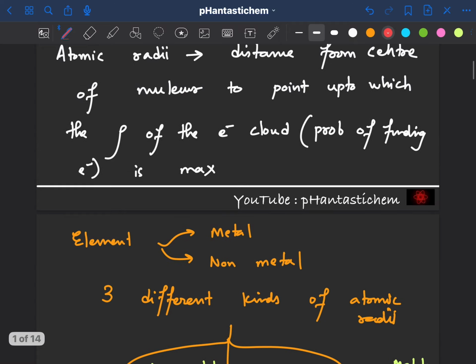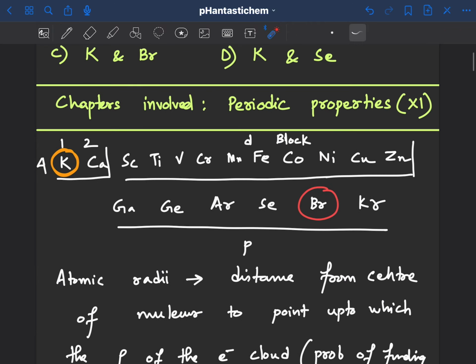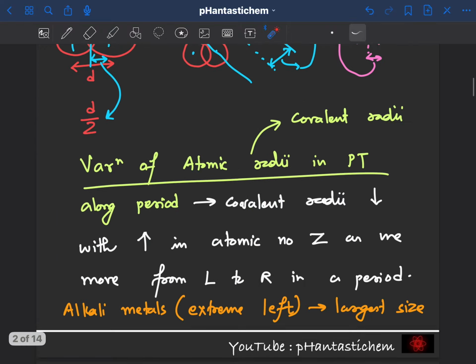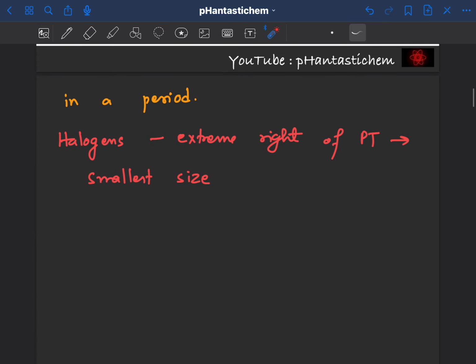Now we would want to know the reason why that happens. Why are covalent radii decreasing from potassium to bromine? In between there might be some exceptions or variations, but in a nutshell it does decrease from potassium to bromine. The reason is, from left to right in a period, nuclear charge increases by 1 unit because atomic number is increasing, but the number of shells remains the same.